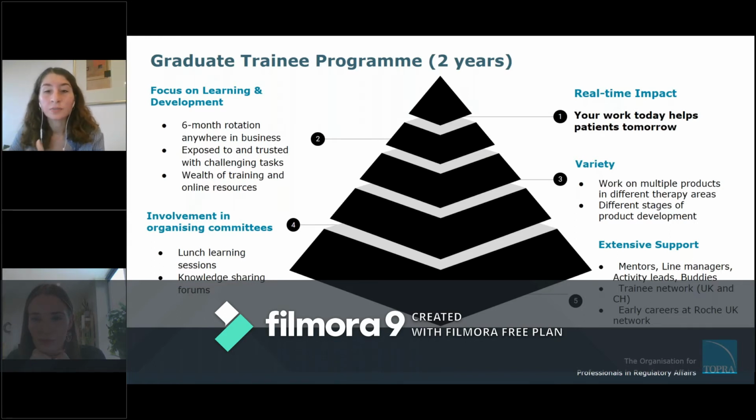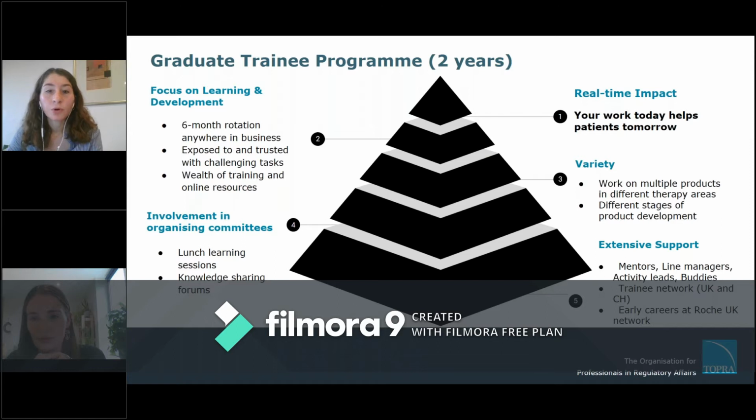Other than the support that we're given, we also have the ability to get involved in different organizing committees, whether it's different lunch and learning sessions in the regulatory department or different knowledge sharing forums where we present different filing learnings or molecule specific learnings and beyond. Both myself and Lizzie are part of those committees where we help determine the agendas and bring in people, and this helps with liaising even outside of your project network.